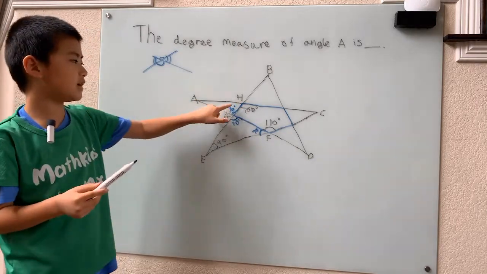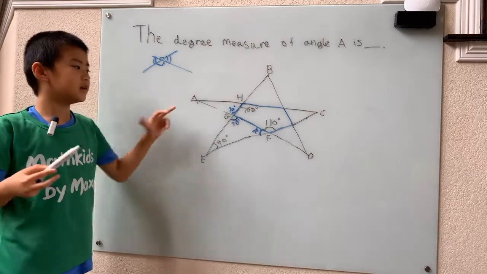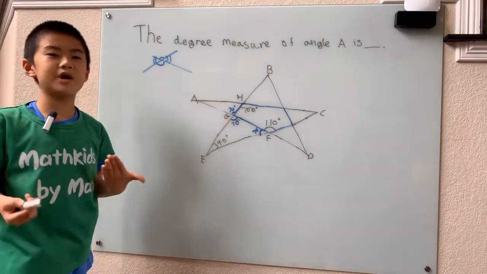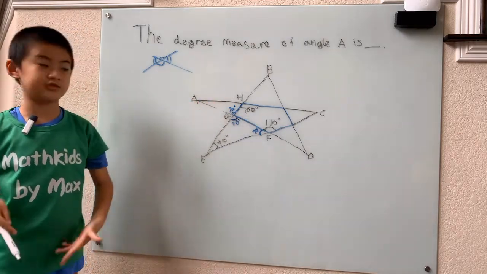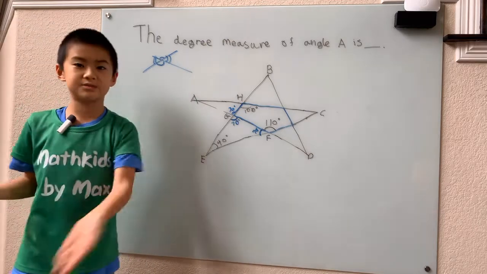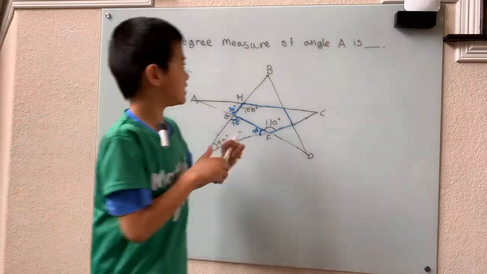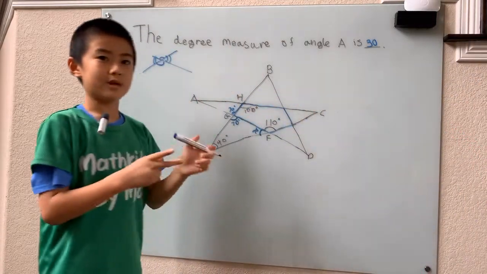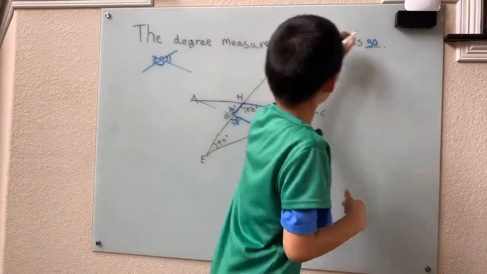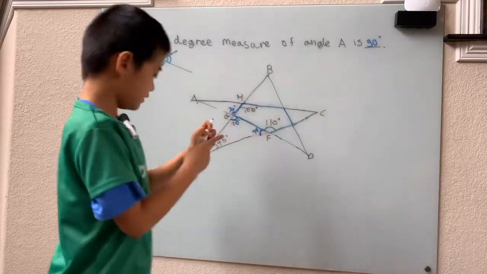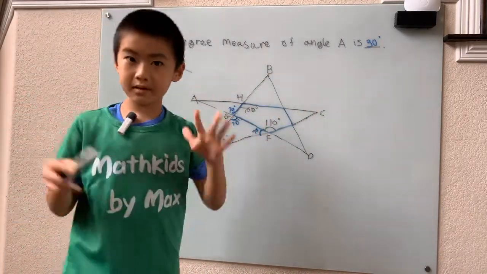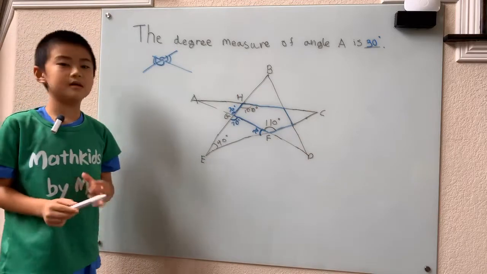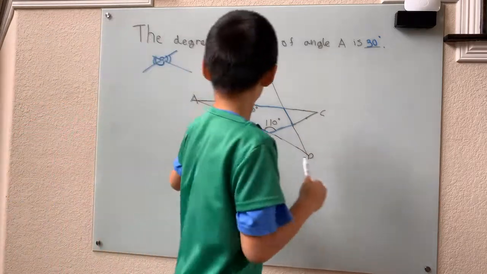And now 70 and 80 degrees, that's 150 degrees, and the measures of all the angles in a triangle sum to 180 degrees. Take 180, subtract 150, and you get 30 degrees. That's 30 right there, 30 degrees.